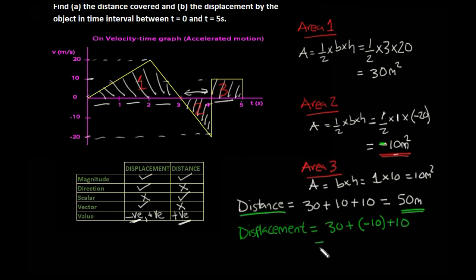We simplify this and we get 30 meters. So the distance covered is 50 meters and the displacement is 30 meters. The reason for that is that displacement takes care of direction as well, the direction in which the object or car is moving.